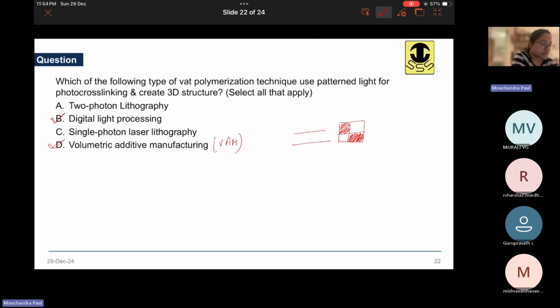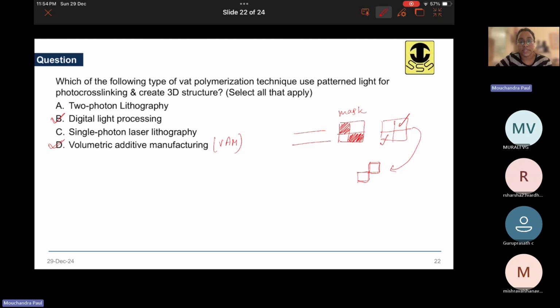So when this light passes through this digital mask, the light will only be present in these two transparent regions. So the 3D structure will be like this, that will get solidified in a layer. Got it? This is called pattern light.